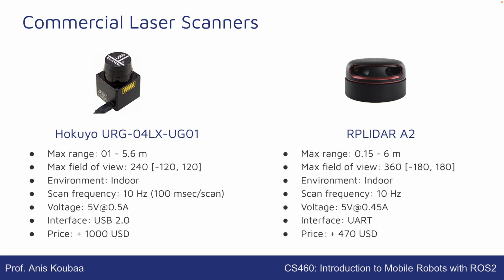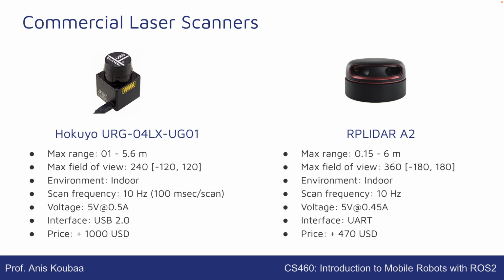So it's 0.1 second, 100 milliseconds per scan. It means 10 messages in 1 second. It operates with a voltage of 5 volt, so you can plug it into a laptop or a computer and it will be able to operate.